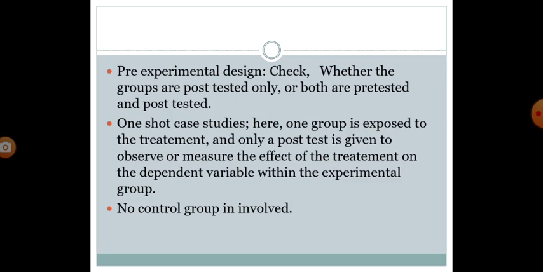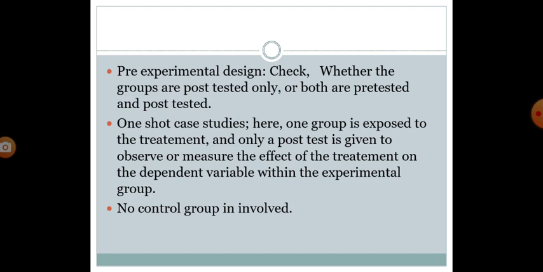And there are different types of experiments. One is pre-experimental design. Here these designs are characterized by an absence of randomization. Pre-experimental designs are classified depending on whether there is an involvement of one or two groups and whether the groups are post-tested only or both are pre-tested and post-tested.